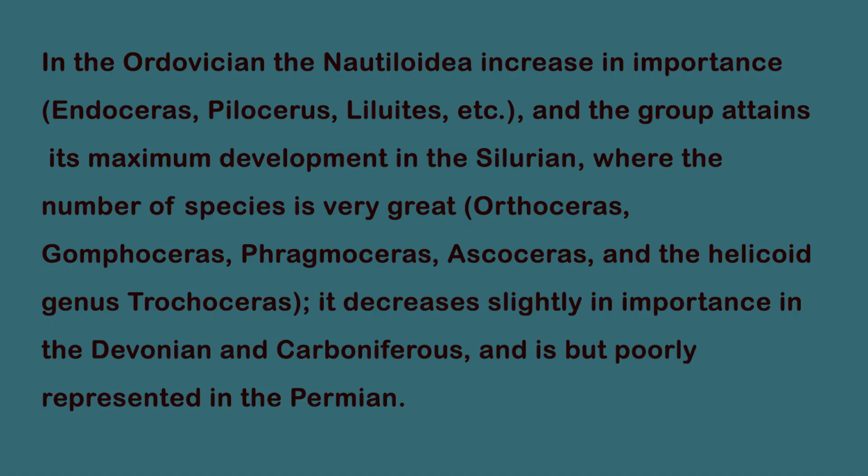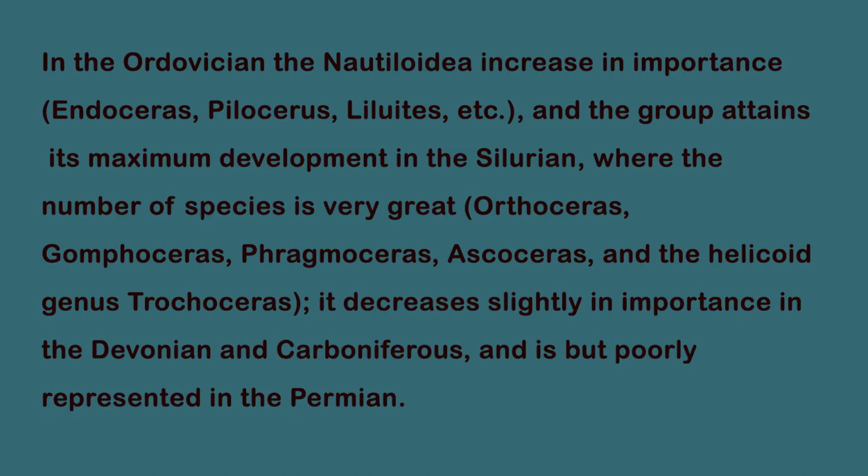Orthoceras, Gomphoceras, Phragmoceras, Ascoceras, and the helicoid genus Trochoceras are found fairly constant in that time. Then it decreases slightly in importance in the Devonian and Carboniferous, and is very poorly represented in the Permian.